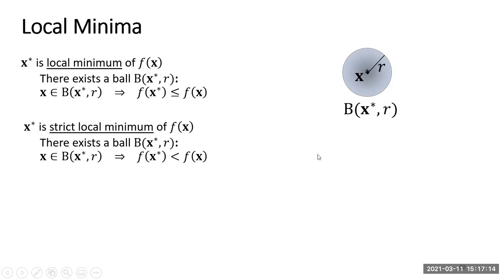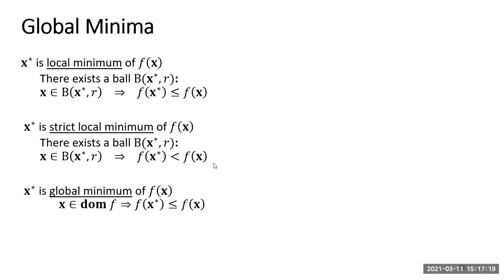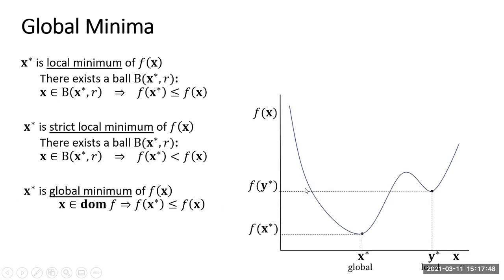Then x star is a strict local minimum. x star is a global minimum if everywhere, not just a small ball, but everywhere in the domain of the function, f of x star is less than or equal to f of x for every possible value of x in the entire domain. Then we say that x star is a global minimum. Likewise, we can have a strict global minimum.